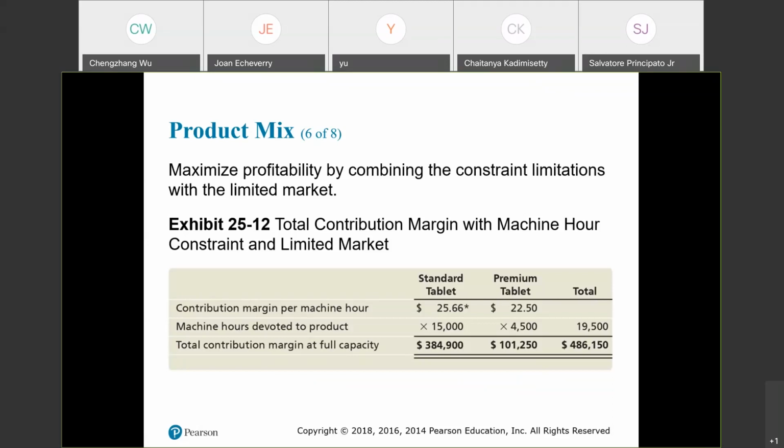Okay, let's assume that the company had only budgeted sales of 2,400 standard tablets and has the capacity to produce 2,600 standard tablets.